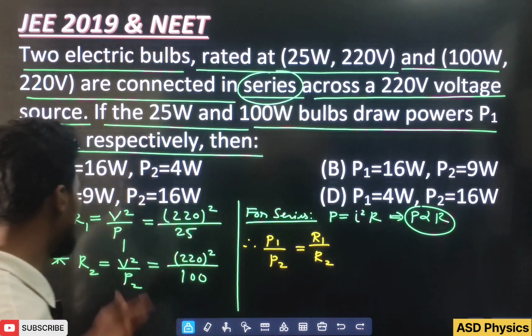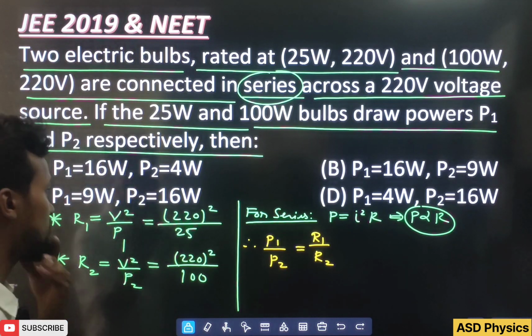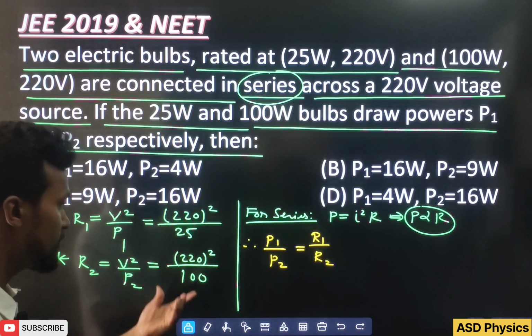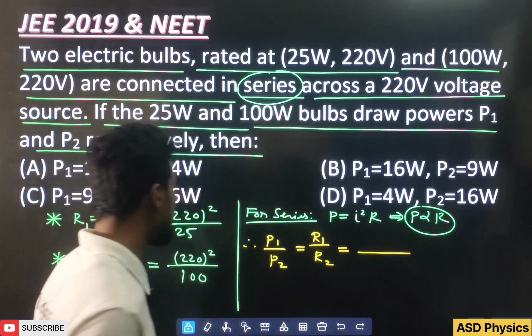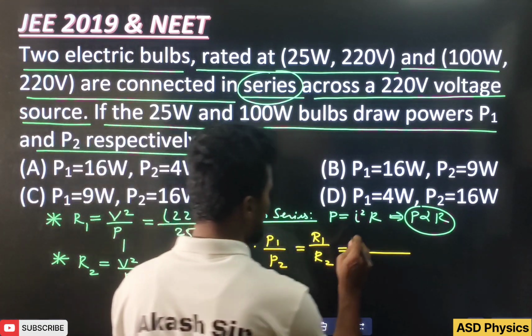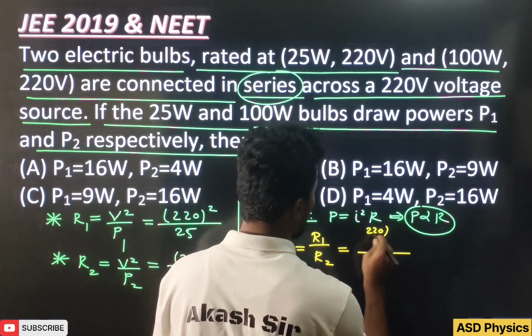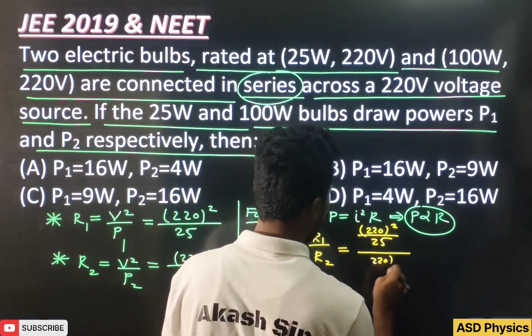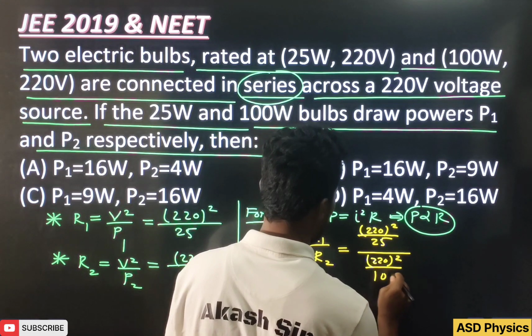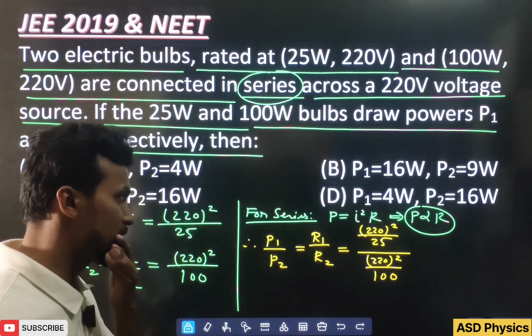So when you take R1 by R2, this will become 220 square by 25 and 220 square by 100, okay. Anyhow, this 220 square will cancel out. Anyhow, let me write here 220 square by 25 by 220 square by 100, is it? I have written like this.